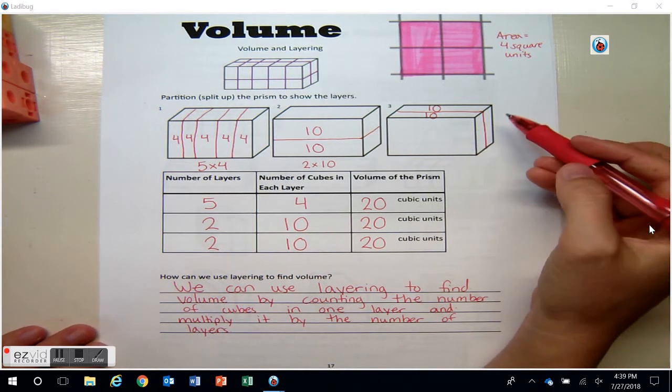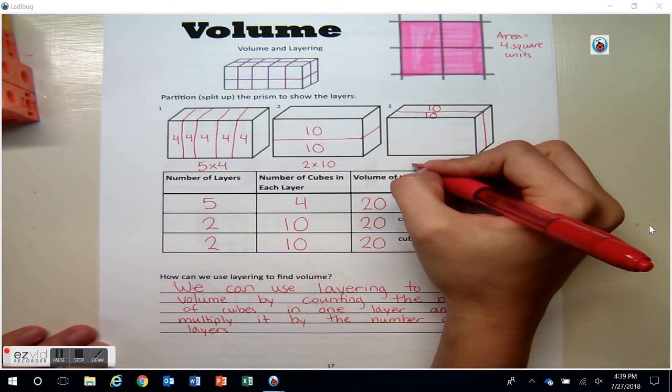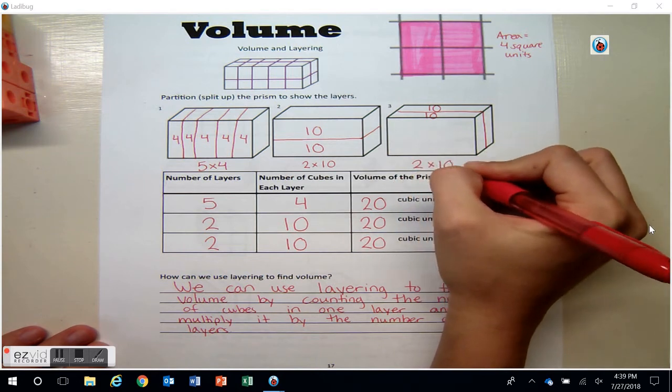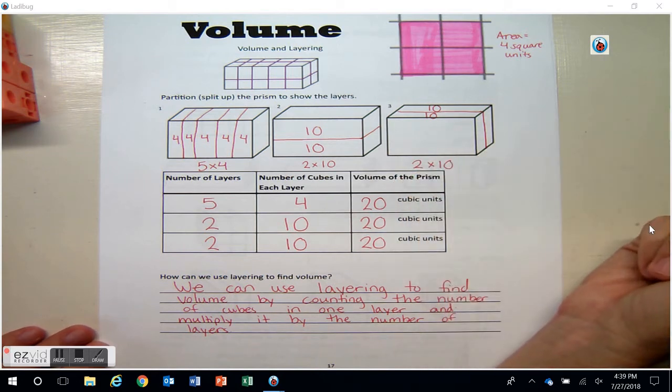So here we had 2 layers. I know there are 10 cubes in each layer, so I can multiply the 10 by the number of layers.